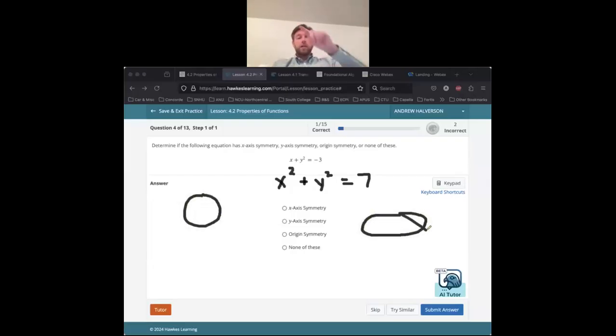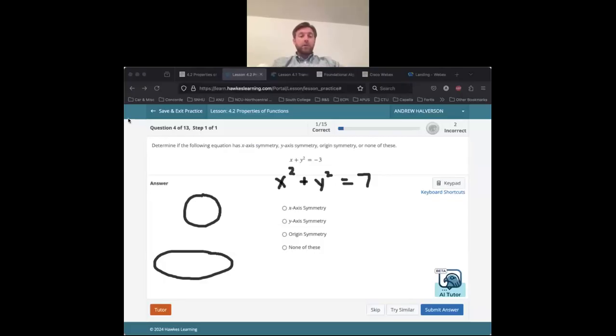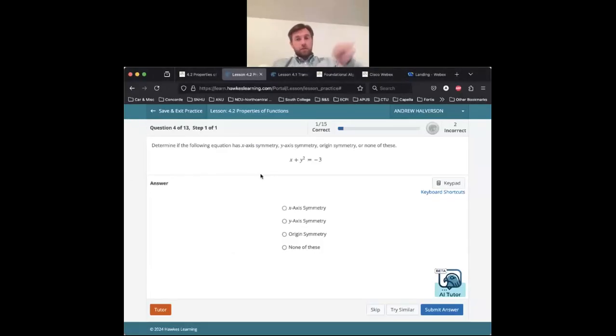Either way, it's a closed loop when both x and y are squared. But if only one of them is squared, it's either a U that goes up, that's x squared, or it's a sideways U, that's y squared.